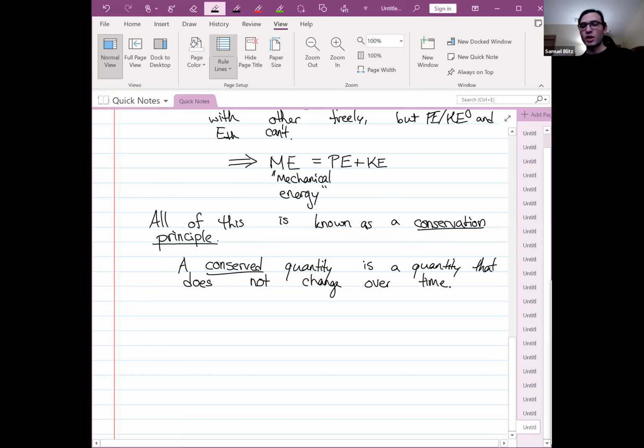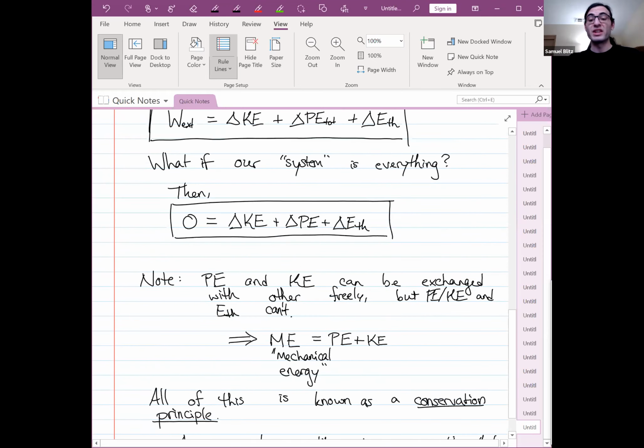And so what this is saying, for example, in this example where our system is everything, is if one of these things goes up, if say the kinetic energy of the system goes up, then the potential energy or the thermal energy has to go down. And so what we're doing when we say it's conserved is we're saying this total thing, kinetic energy plus potential energy plus thermal energy, that total thing is conserved. I.e., if one of them goes up, the other one has to go down. And that's accounted for because the changes have to add up to 0.